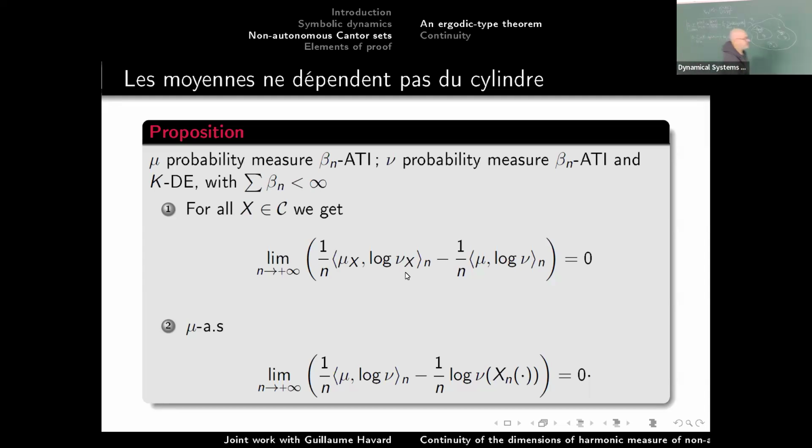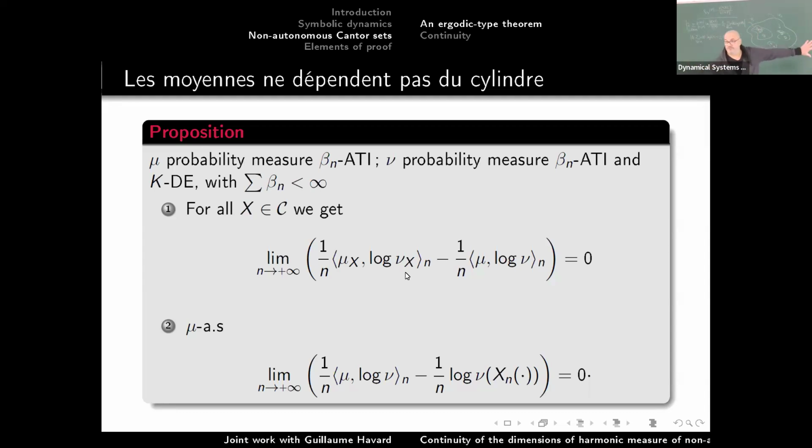It's the second quantity, which is almost as saying that the dimension is given by entropy, in some sense. Whatever limit infimum this one has, this one will have it also. Whatever limit supremum this one has, this one will have it also. Even better, if you have a subsequence for which this converges, this one converges also.